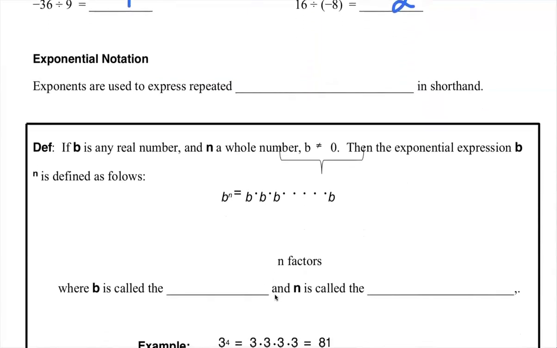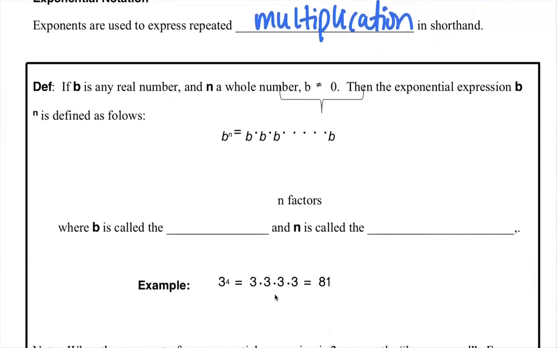Exponential notation. Exponents are used to express repeated multiplication in shorthand. So if b is any real number, b is called the base, and n is the exponent. So this means b times itself, so b times b times b, however many times n is.